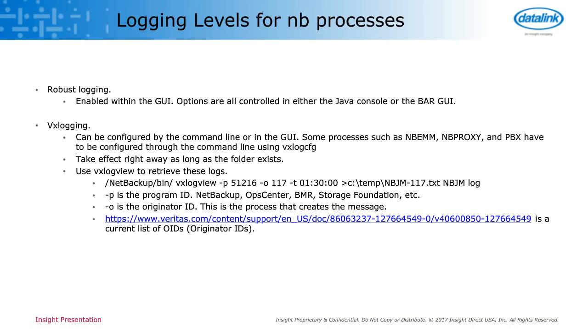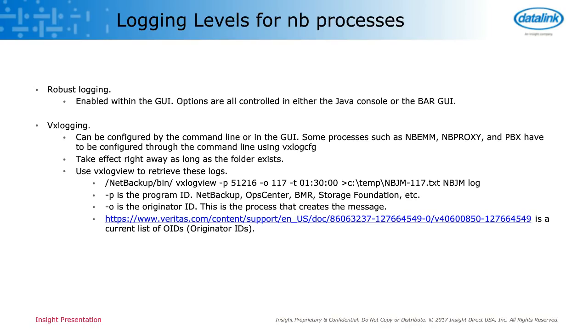You can also configure it from a GUI on a media server connected to the master, but these are configured to control how often to prune out old logs, and how big they should get. It's a great way to control the space utilization. But for the newer processes, VxUL logging is what it uses. These are configured through the command line or through the GUI in the same method as legacy in terms of where they are in the GUI.